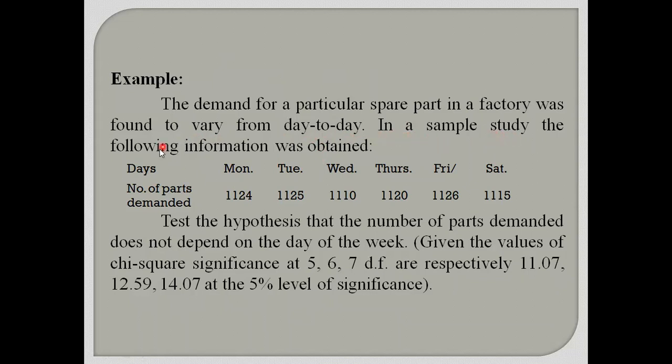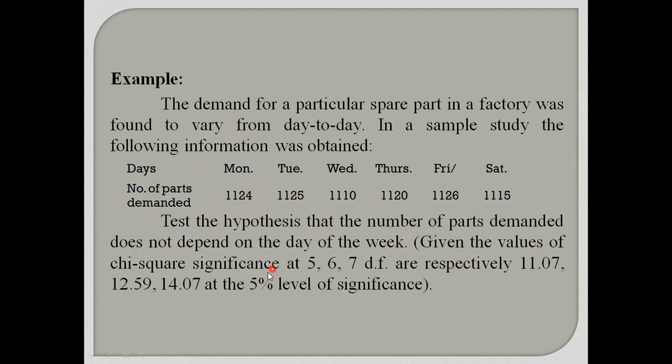In a sample study, the following information was obtained for 1 week. Now they told us to test the hypothesis that the number of parts demanded does not depend on the day of the week. It can change day to day.